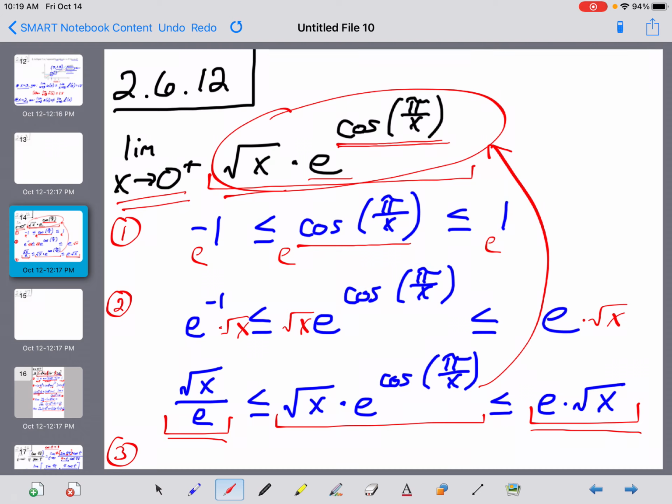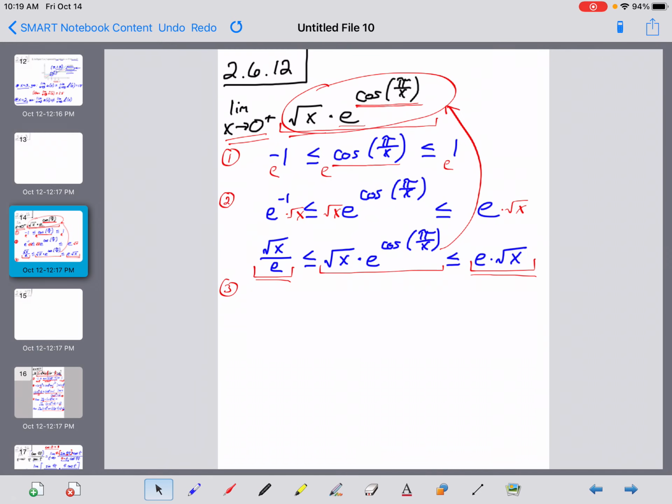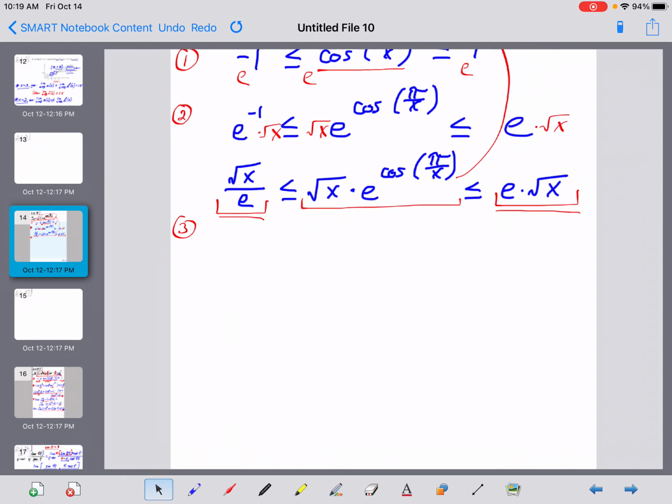So yeah, the lower limiting function on the left and the upper limiting function on the right have the same limit as x approaches 0, and therefore we can make this valid conclusion now about what's going on in the middle.